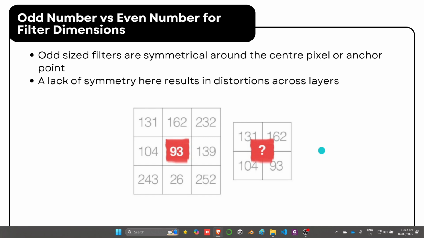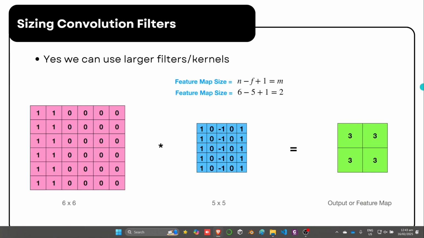So I said we couldn't have even numbered filters. Why is that? Well, if you go back to this slide, as you can see, when you put the 5 by 5 matrix here, 1, 2, 3, 4, 5, there's a center point. For example, here, 1, 2, 3, 4, 5.